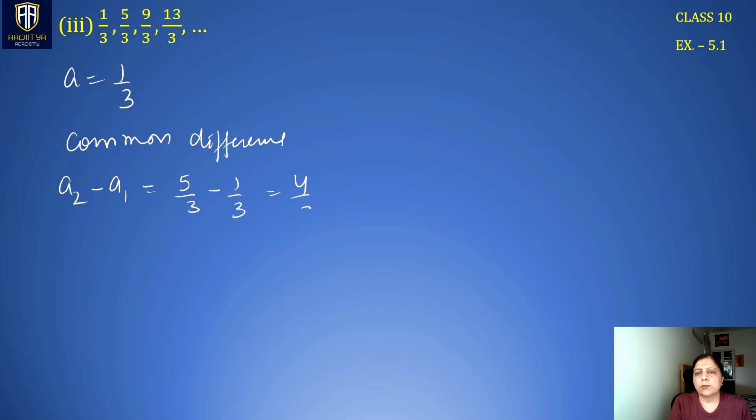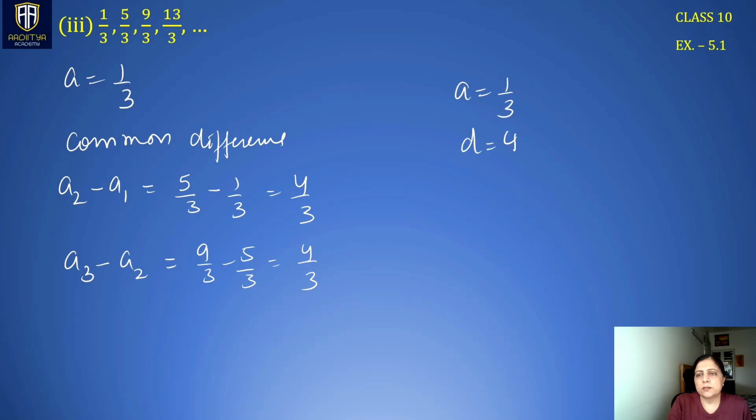That is 4 by 3. You can also perform one more difference. a3 minus a2 is 9 by 3 minus 5 by 3. It is also 4 by 3. Right? So here first term is 1 by 3 and common difference is 4 by 3.